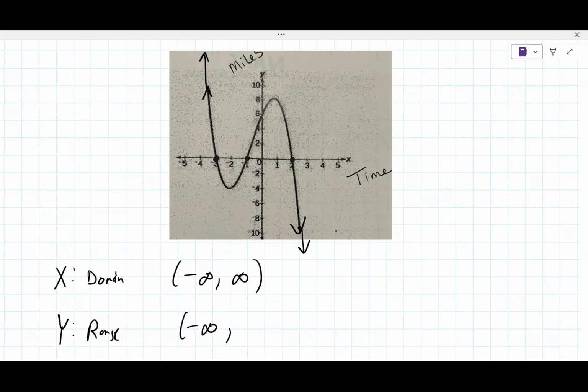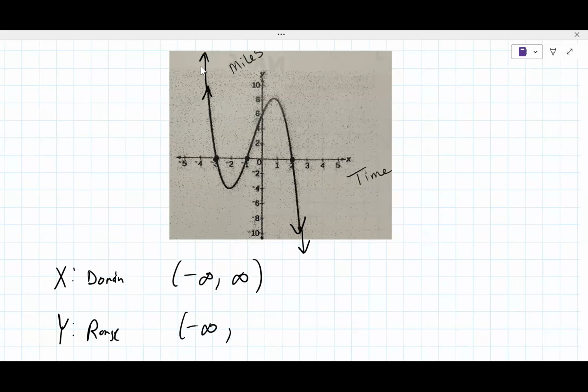Okay. How far up does this go? What does the arrow mean? It goes up all the way to higher than 10. Higher than 10. Okay, does it go to 11?